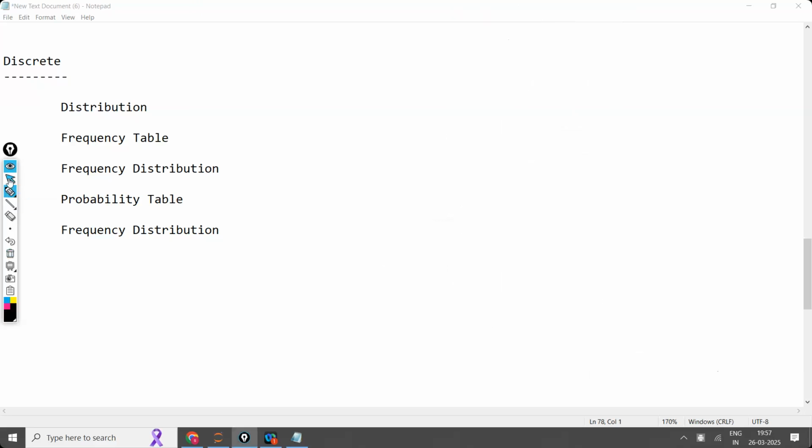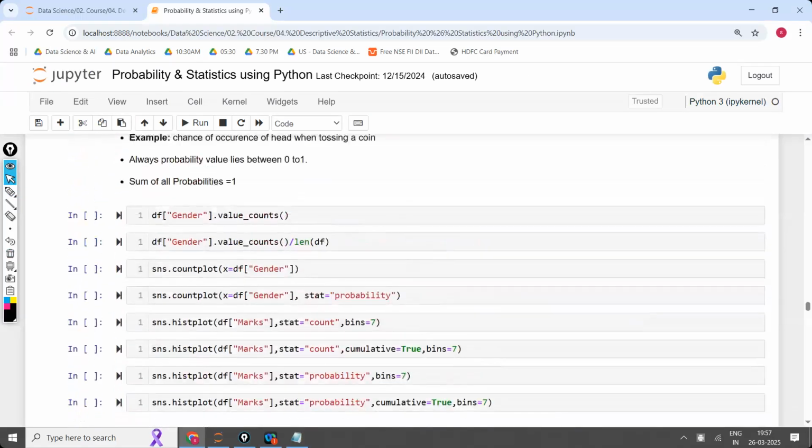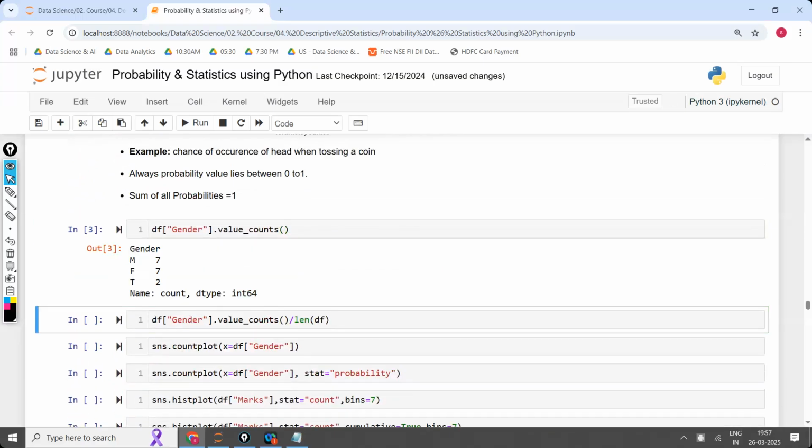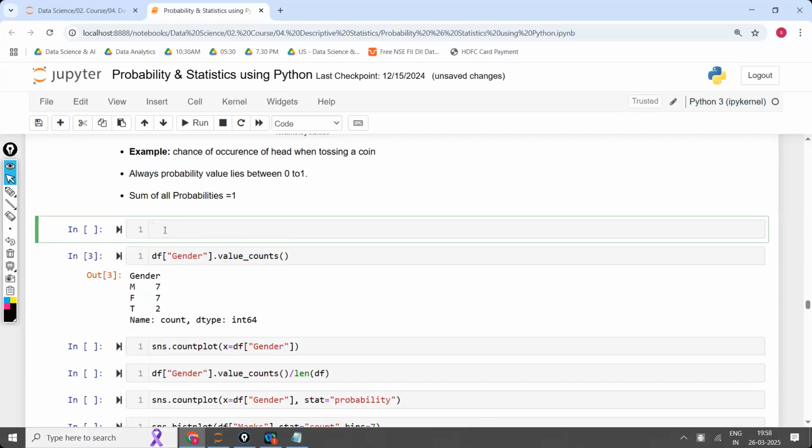So the same thing I'm writing here. Now I'm entering into the code. In the code, first I'm going to take this one, 7, 7 and 2. Now I'm going to use sns.countplot. What is sns? I'm going to import seaborn as sns, where seaborn is a data visualization library, similar to pandas. Particularly, plots are available in it.